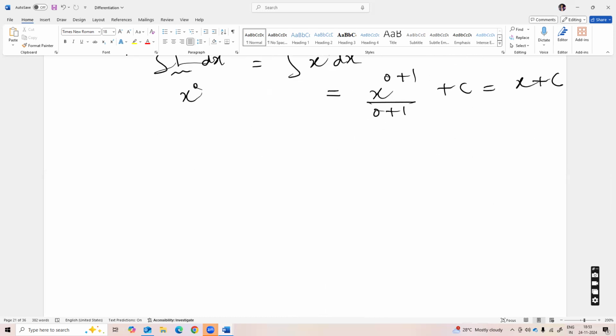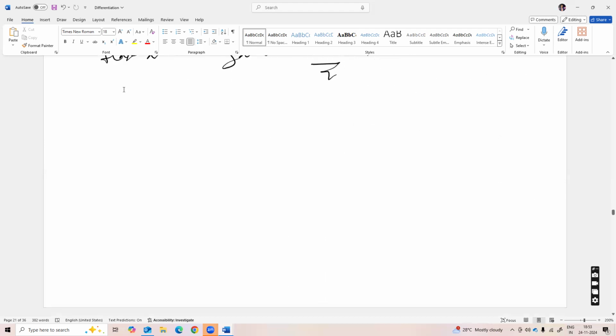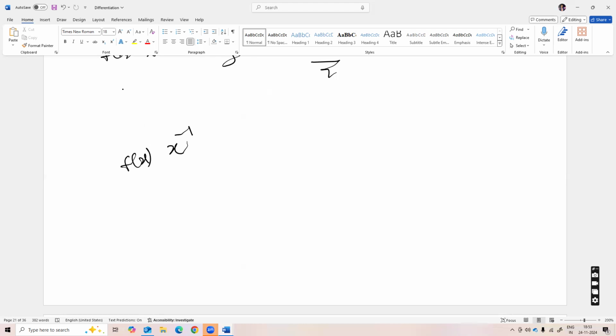Let's say one more example. If you have f of x is equal to x to the power 6, then the integration of x to the power 6 dx is basically x to the power 7 divided by 7 plus c. And the issue with x to the power minus 1 is this. Let's say the function f of x is equal to x to the power minus 1, so it is equal to 1 by x.